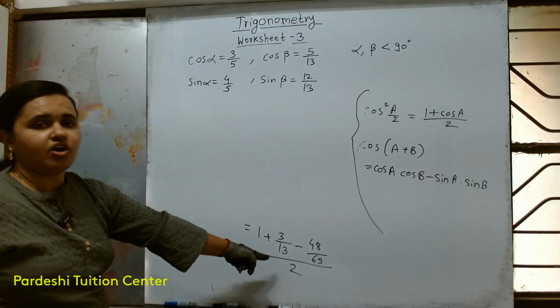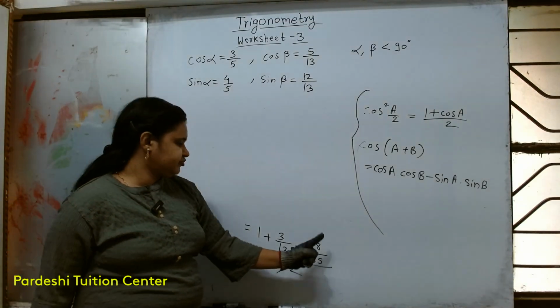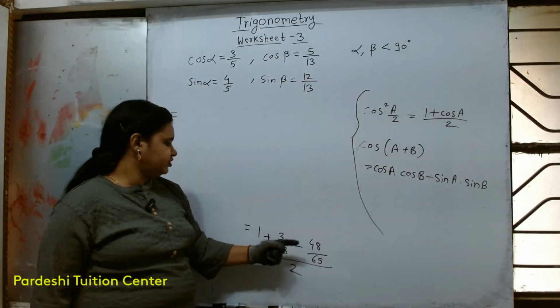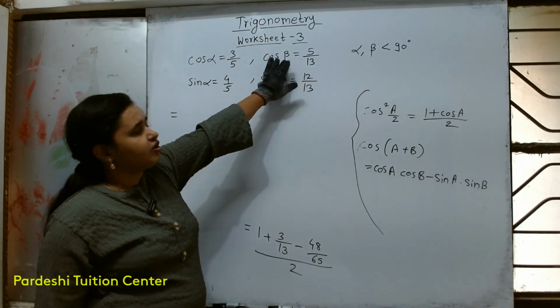Now we have the equation as 1 plus 3 by 13 minus 48 by 65, upon 2. We have just put in the values of sin alpha, sin beta, cos alpha.